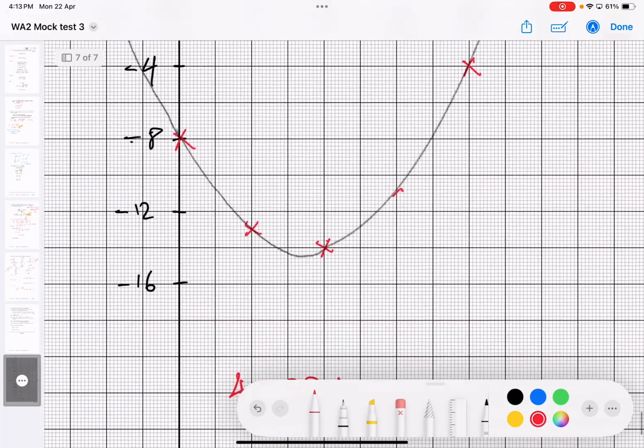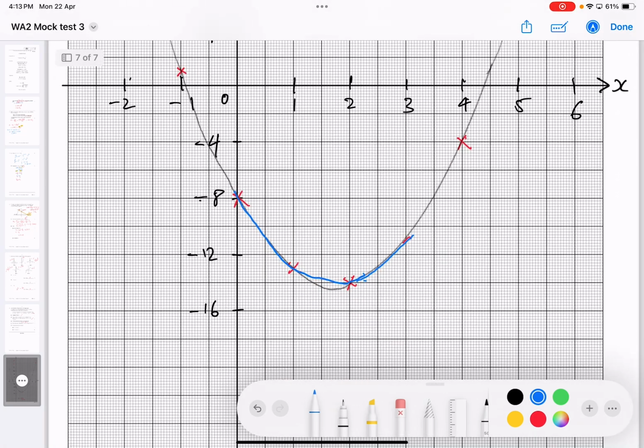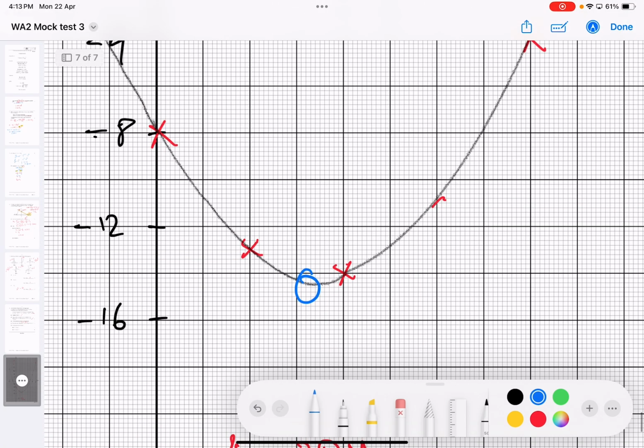Now, this one is a little bit tricky. I don't know when you draw it, do you draw it like me, or do I suspect some of you would have drawn this graph like this. I suspect some of you might have drawn something like that. Now, how do I know that I'm supposed to have the minimum point here and not the minimum point over there?